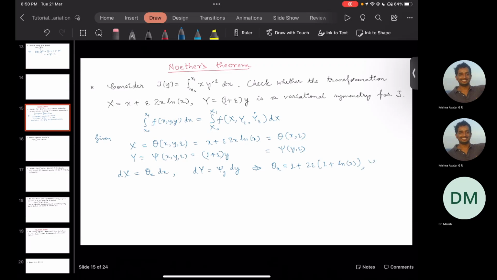And psi y is nothing but the partial derivative of psi with respect to y. Sorry, let me correct myself, we are finding the partial with respect to y because we also have a term epsilon, right? So this is given by 1 plus epsilon.